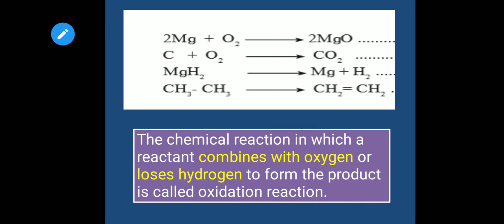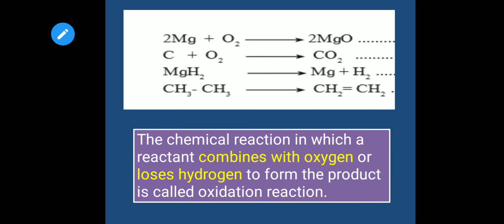So we can define oxidation as follows: the chemical reaction in which a reactant combines with oxygen or loses hydrogen to form the product is called oxidation reaction.